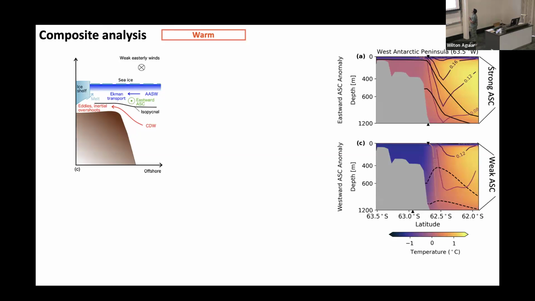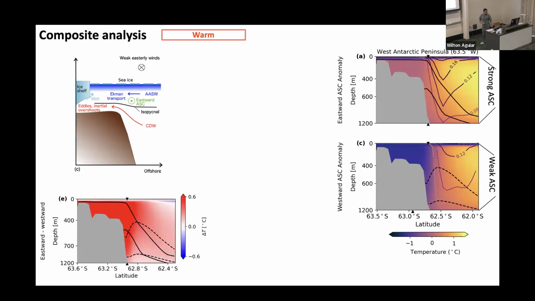What is very interesting is that in the strong AAC regime, we have this Circumpolar Deep Water layer going directly to the shelf and filling the shelf completely, while when we have a weak circulation, the Circumpolar Deep Water layer curls down again and doesn't have direct access to the shelf. And this is aligned with the warming of the shelf too.